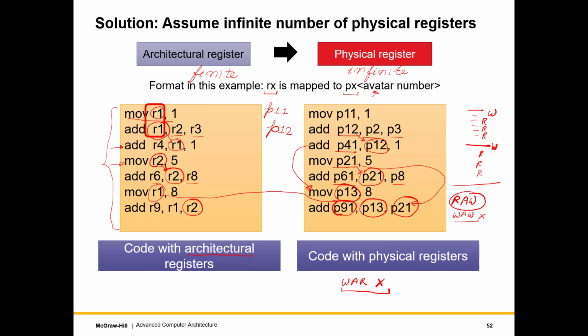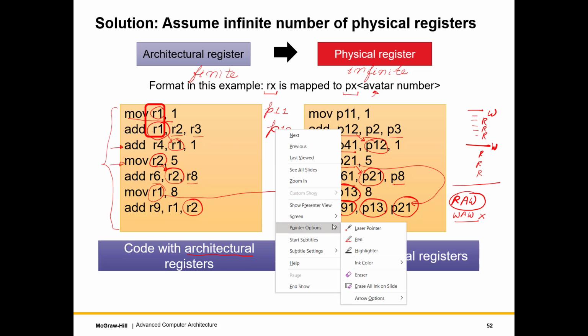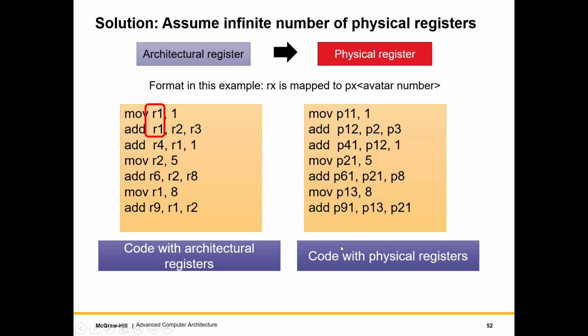So now this is another example. Let me erase the ink on this slide and I can take you through this through the animation. As you can see, there is a write after write dependence over here, but there is no such dependence on the right side. The read after write dependence is clearly visible.